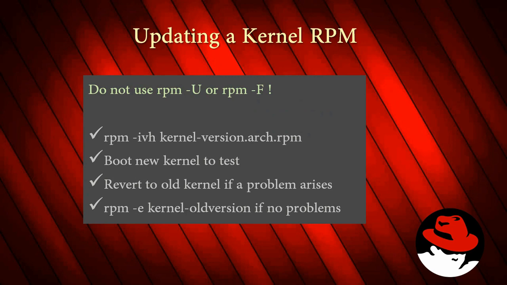But when you are upgrading a kernel, you should not use the -U or -F argument, because when you use the -U and -F options, it determines whether a version already exists on the system, and if the version exists, whether the version to be installed is newer. It checks whether your new version is actually new, or whether it is old.